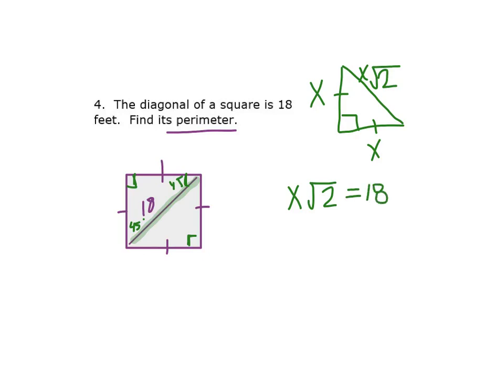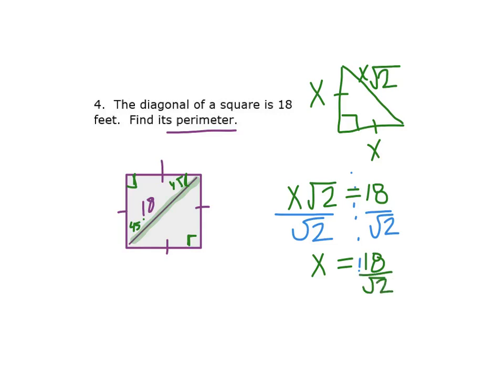We need to figure out what the x is so that we can determine the perimeter. To do this, we're going to solve by dividing both sides by the square root of 2. And that's going to leave us with x equals 18 divided by the square root of 2.